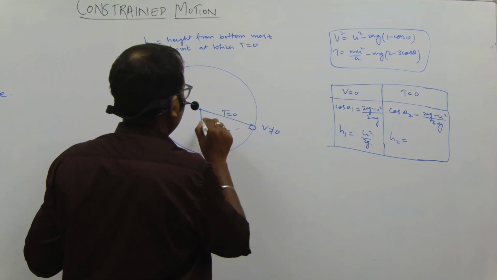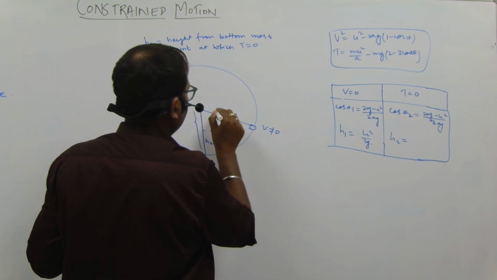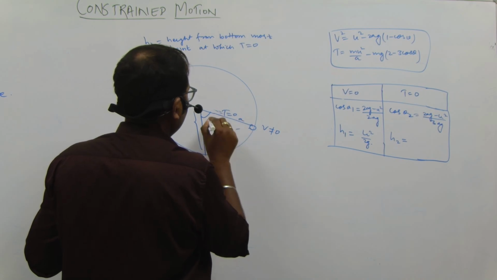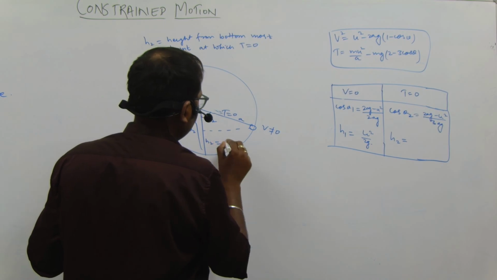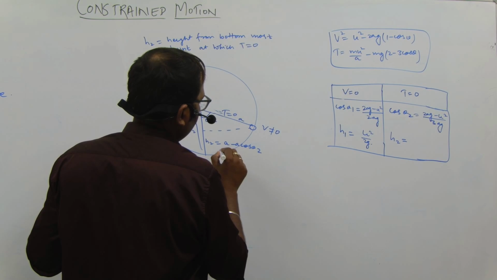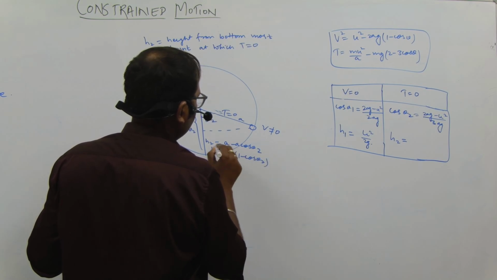So we have this whole distance, this is h2, and this is theta, this radius is a, this is theta 2, this is a cos theta 2. This h2 is equal to a minus a cos theta 2, which is equal to a times 1 minus cos theta 2. This is h2.